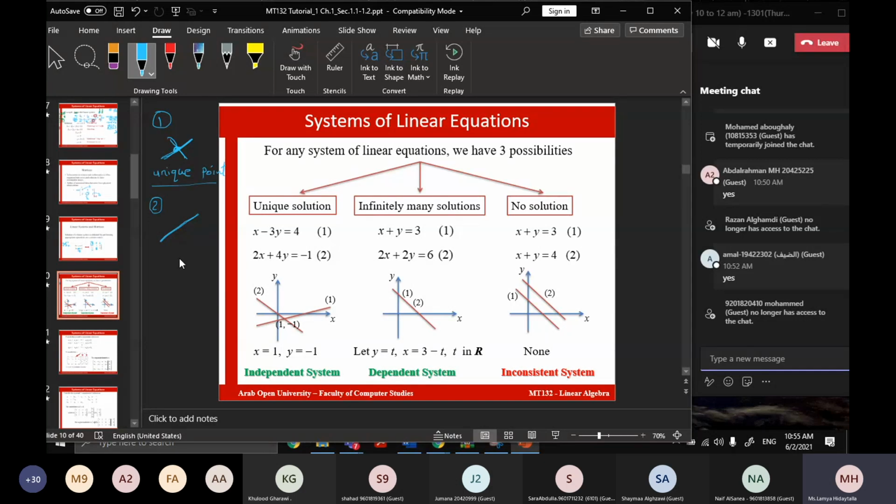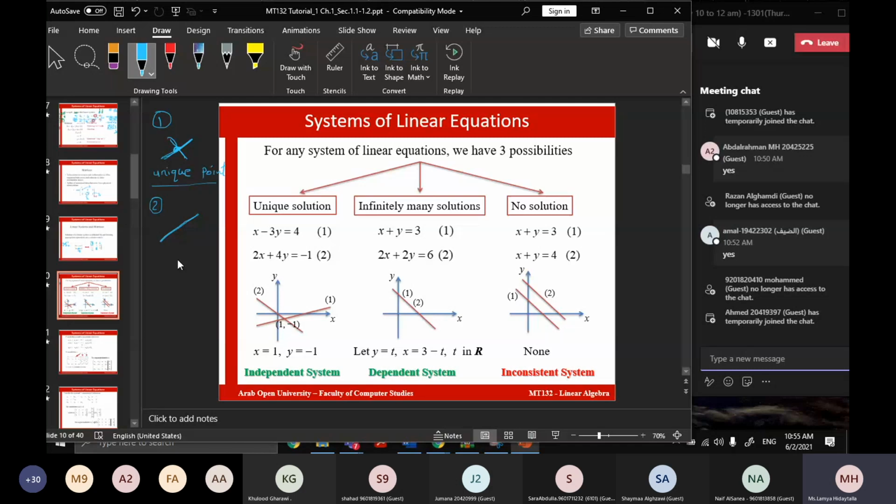We said we want the points that satisfy the first line and also satisfy the second line. In the previous case, I got only one, correct? What if the case is like that? This is the first line and then the second line is on top of it like this. So how many solutions do I have?